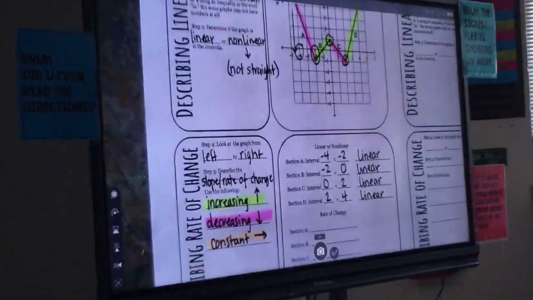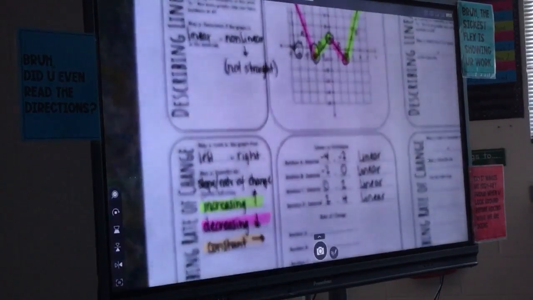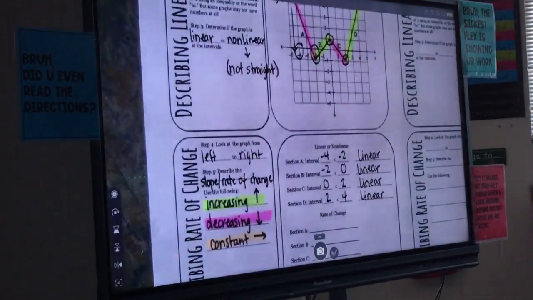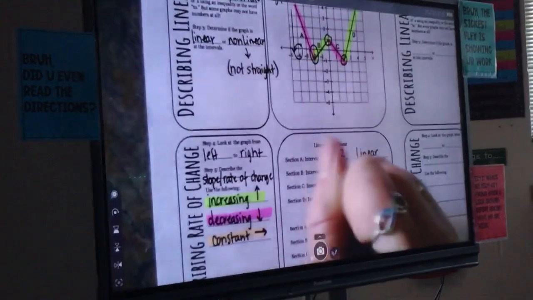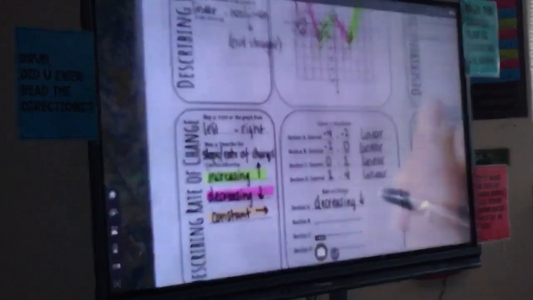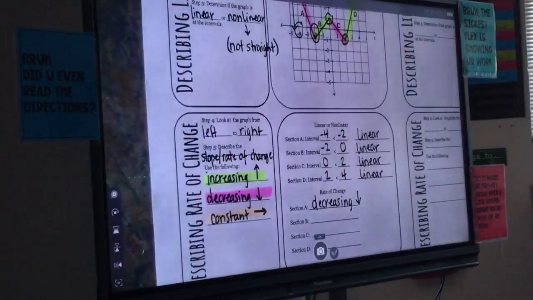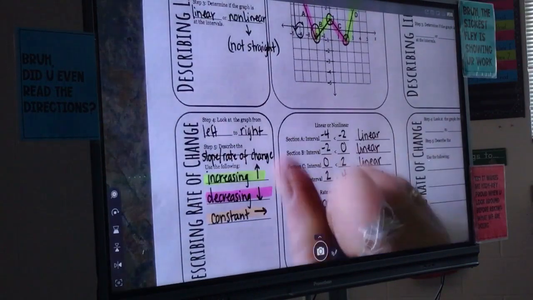All right, section A. Are we increasing or decreasing, or is it constant? Decreasing, because we're going down. Okay, section B. Are we increasing or decreasing? If nothing else, look at your colors that you coded. Increasing.